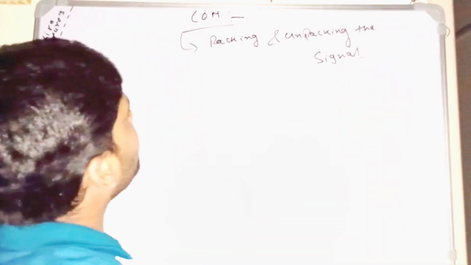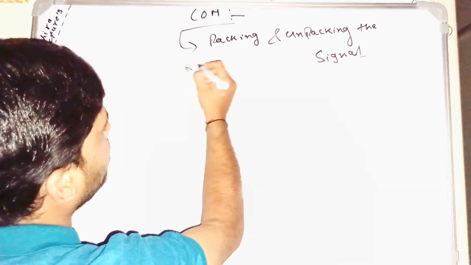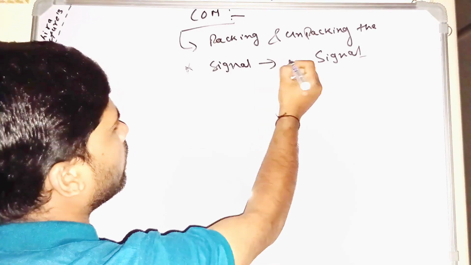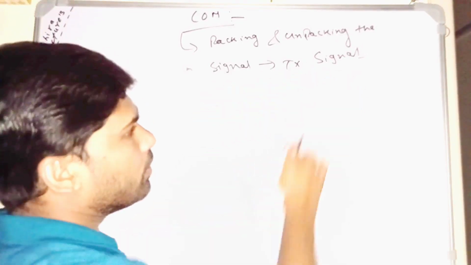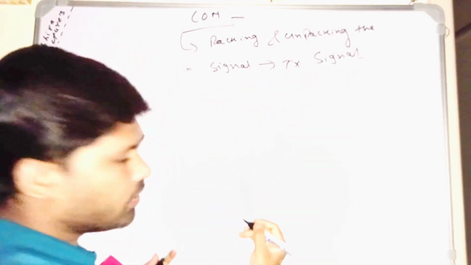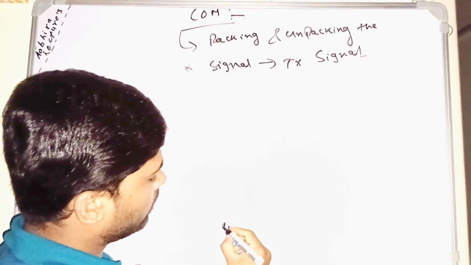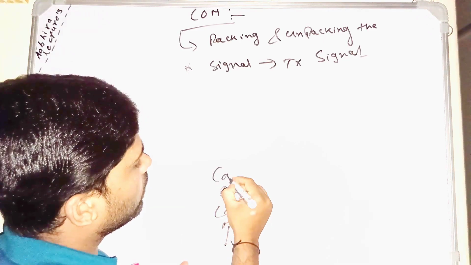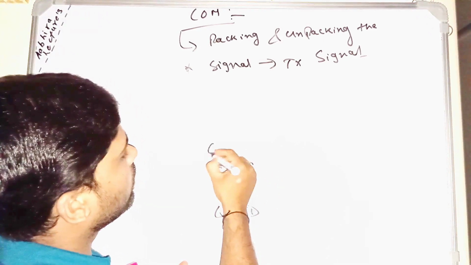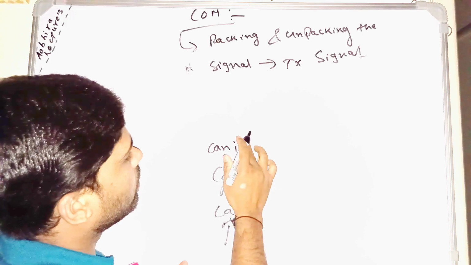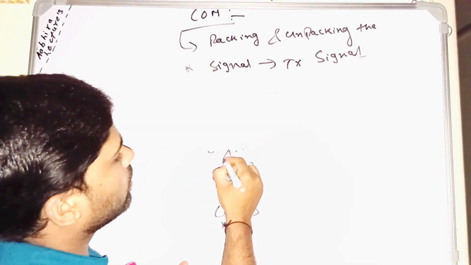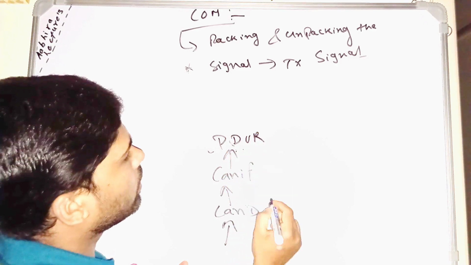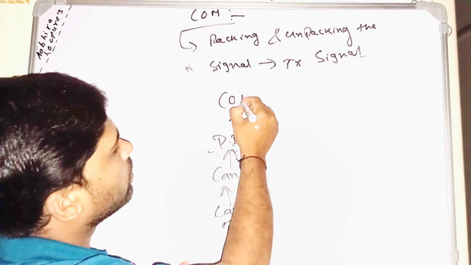And from here the signal will transfer. As we know, from the bottom, CAN driver to CANIF, then PDUR, PDUR to COM.